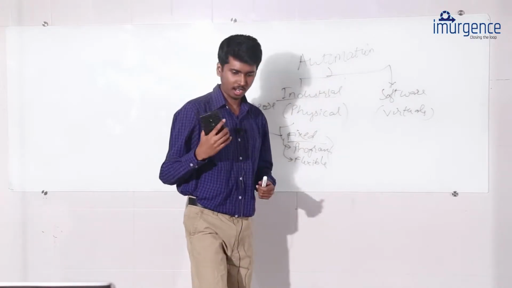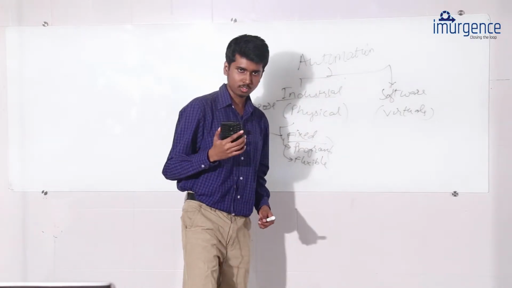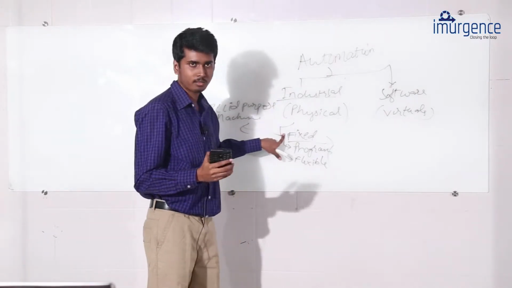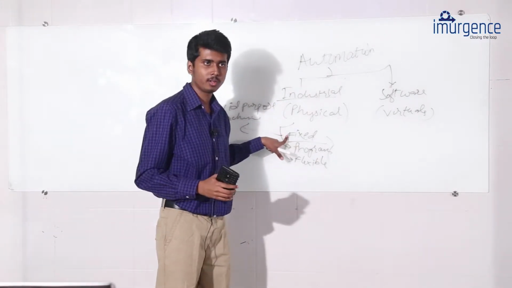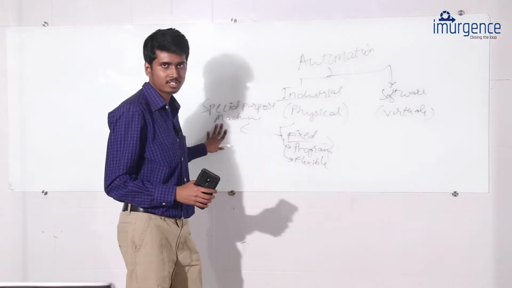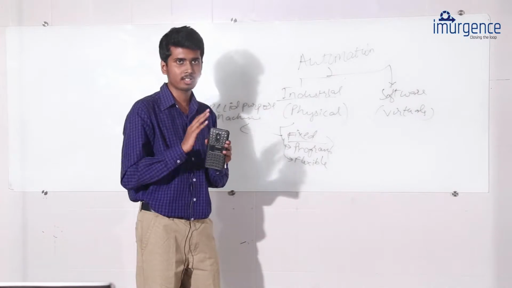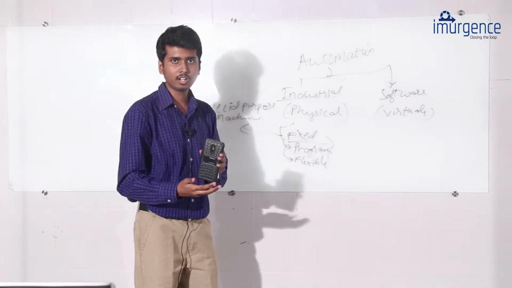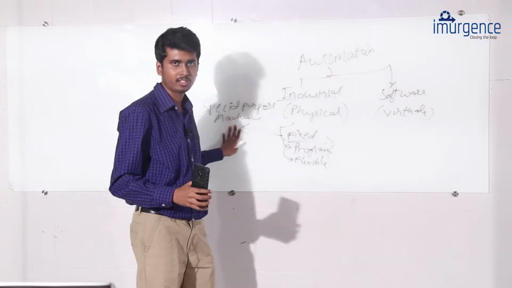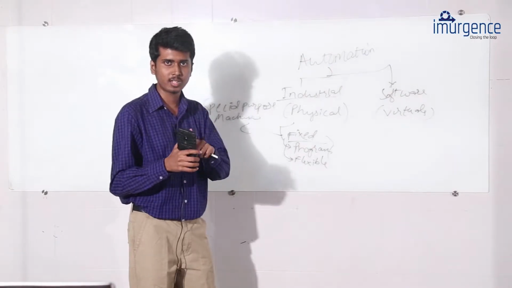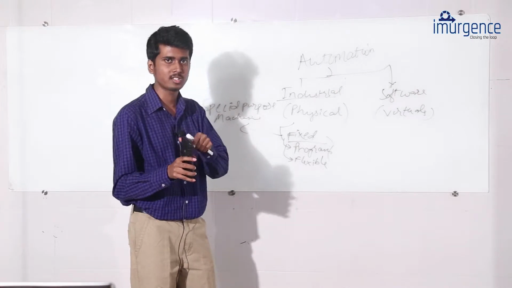Suppose I have to manufacture a phone, in my case a Redmi Note 4. For fixed industrial automation, my setup will be such that it will manufacture only this model, nothing else. It may be the same brand, but if the model is different, it won't be able to manufacture it. The setup is customized as per the dimensions and specifications of this very specific model.